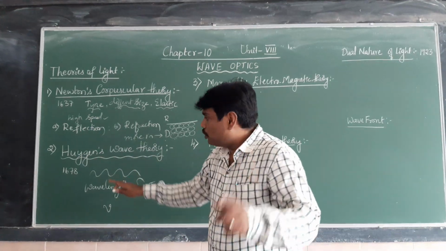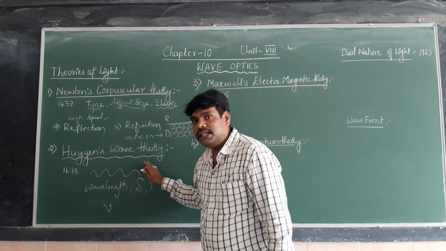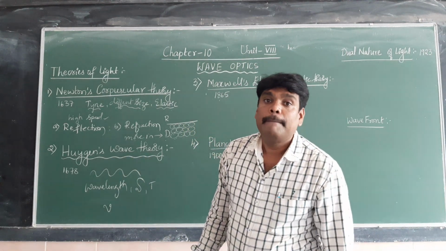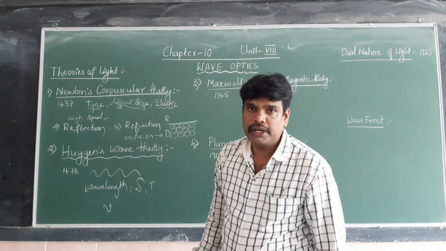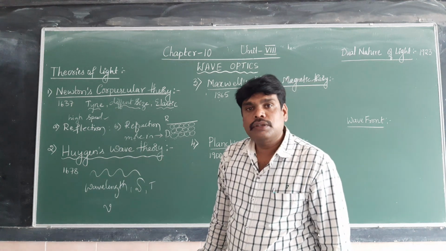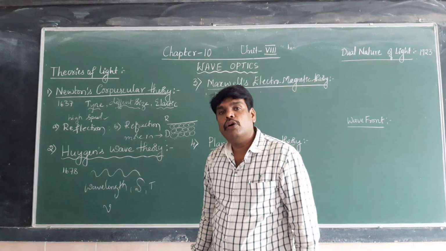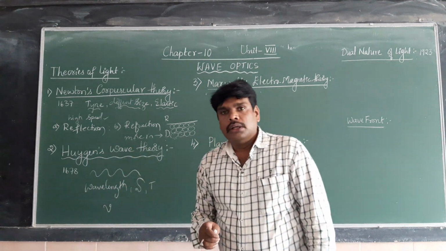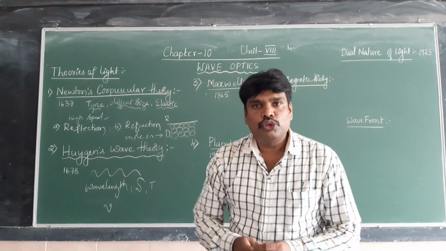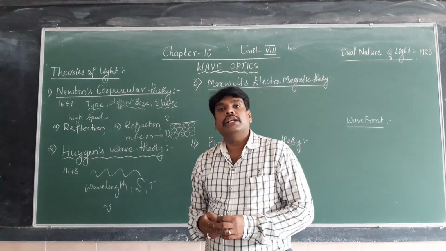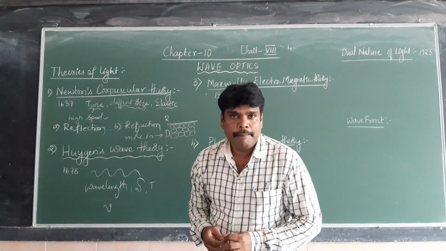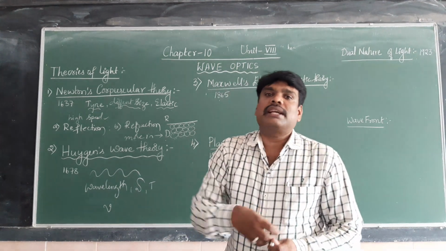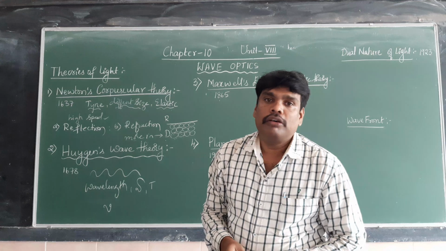At that time, whatever wave we considered, we had knowledge of only one type of wave, what we call mechanical waves. You know what mechanical waves are? The waves that require a material medium for their propagation. So they assumed that the whole universe is covered with a hypothetical medium called ether, and due to the presence of the ether medium, the light is transmitted in the form of waves.